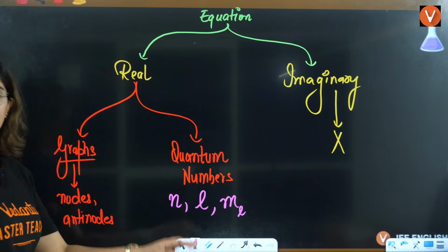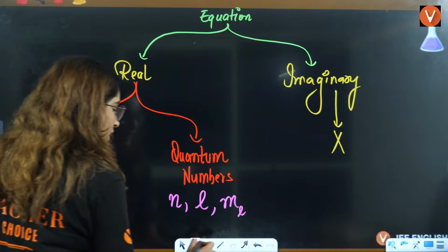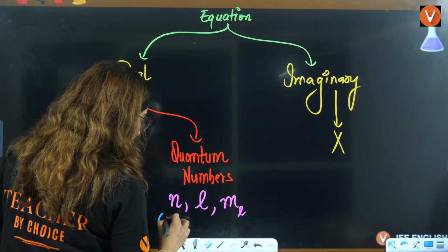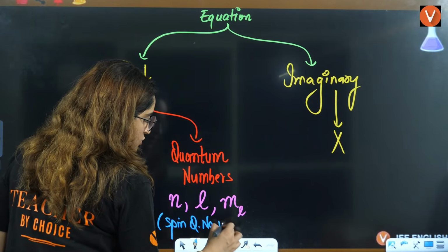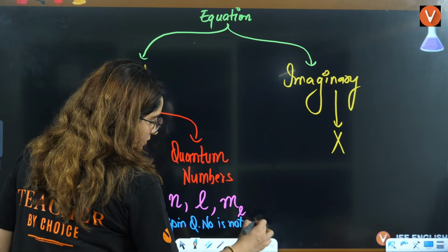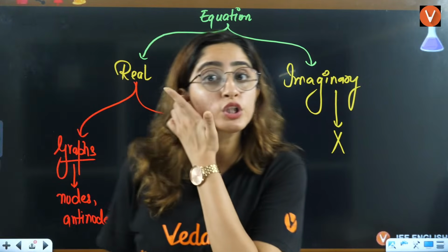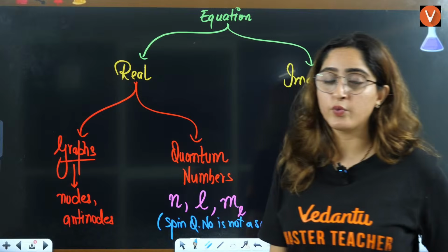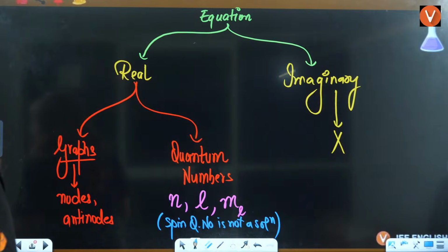So these 3 are the solution of the Schrodinger wave equation. You can also write here: spin quantum number is not a solution. The fourth quantum number is not a solution of the Schrodinger wave equation. That's a very important question.